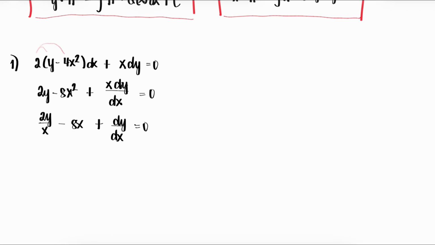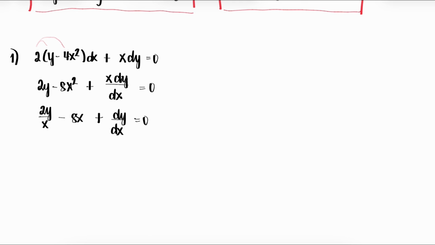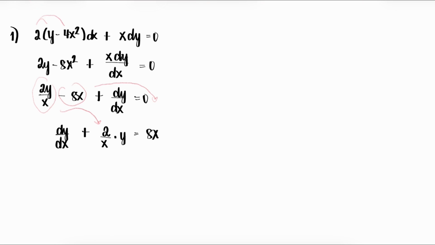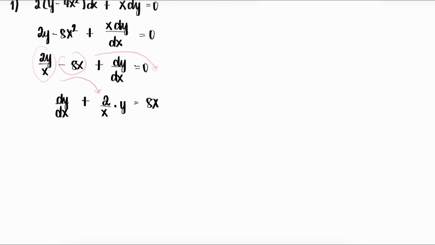And then we are going to rearrange it since the form is dy/dx. So dy/dx plus, we're going to write this as (2/x)y equals 8x. Because this is negative, when we transfer to the other side, it becomes positive. So this is now in the linear form.